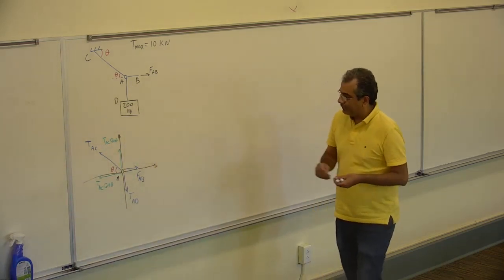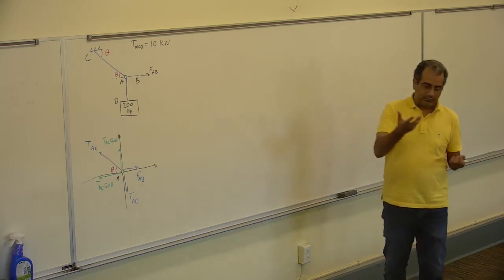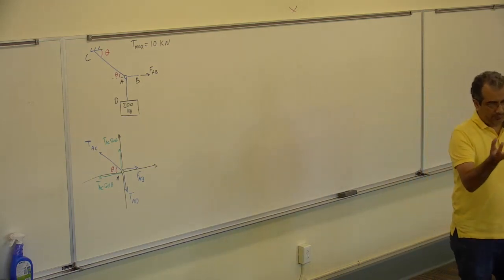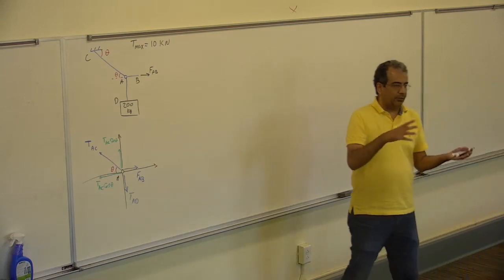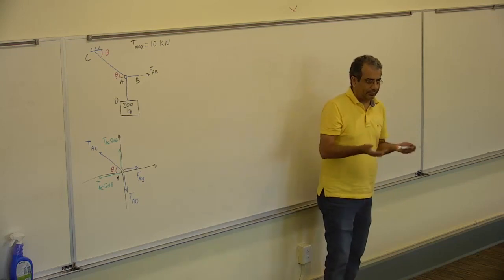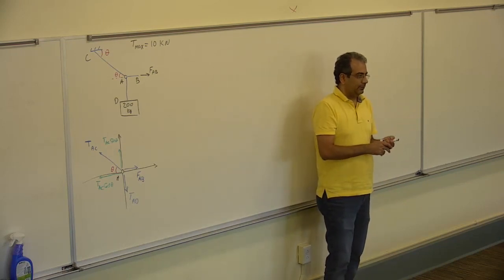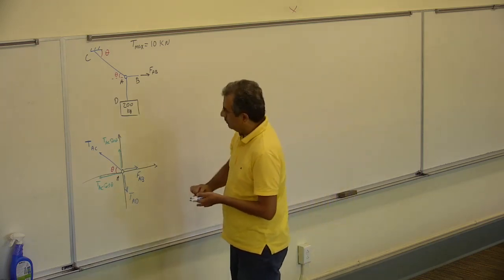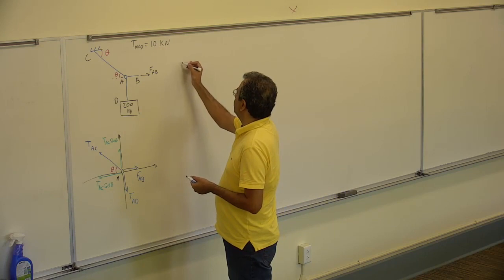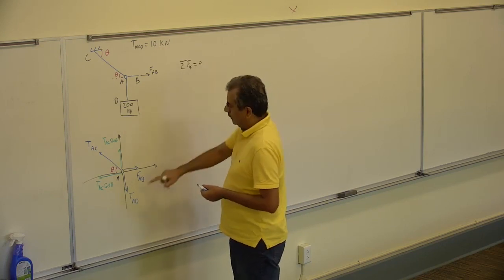Now I draw the free body diagram, put all the forces there, then find the components of the forces in the x and y direction, and then write sigma Fx is 0, sigma Fy is 0. Let's start with sigma Fx equals 0.